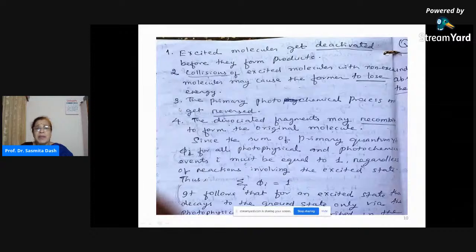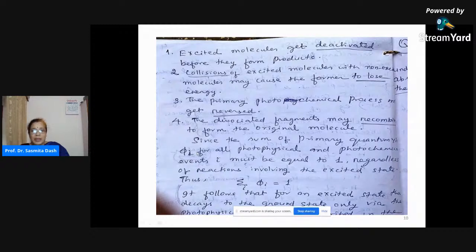Number 3, the primary photochemical process can also get reversed. And the fourth one, the dissociated fragments can also, in some places, recombine to form the original reactant molecule. These are the four methods by which the energy dissipation of the photophysical reaction takes place.